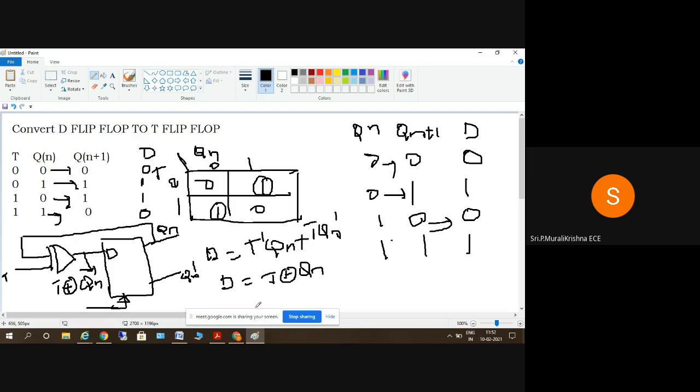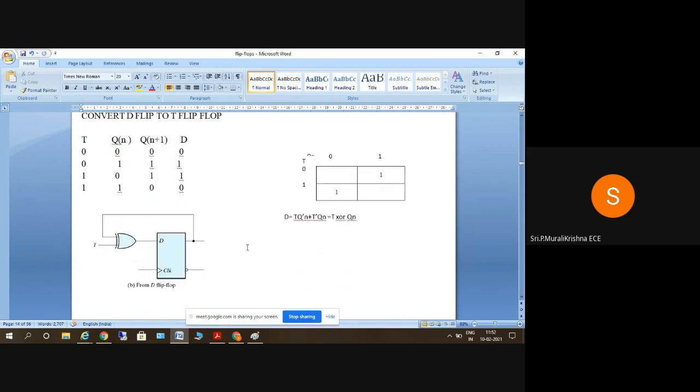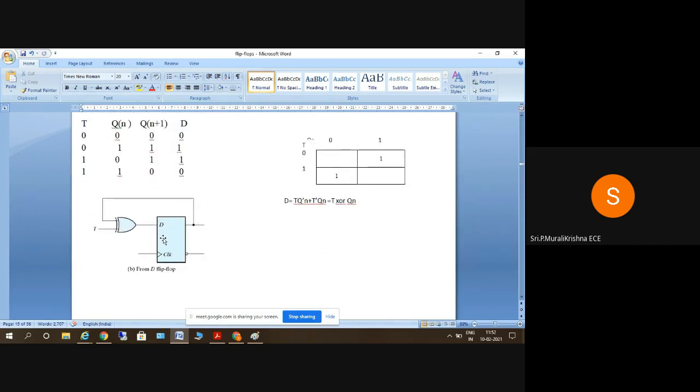Clear? Yes, sir. Take down the diagram. So this will be the diagram also.